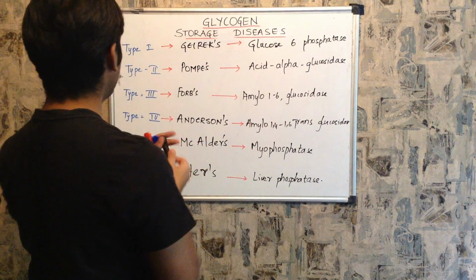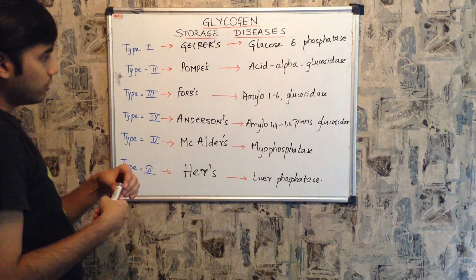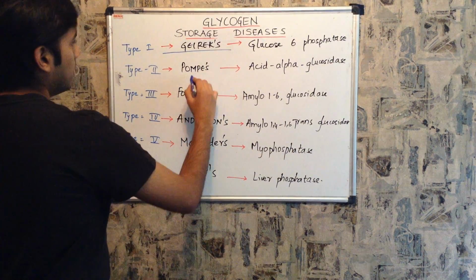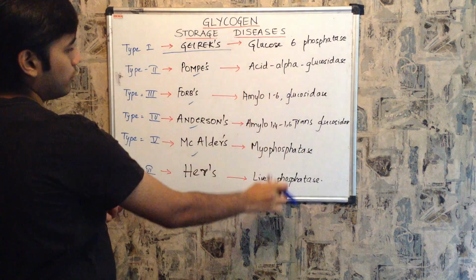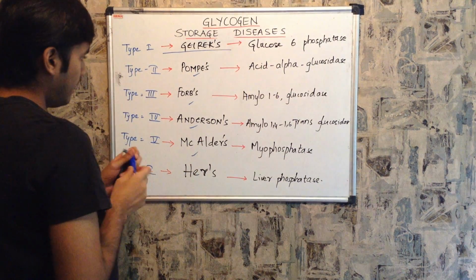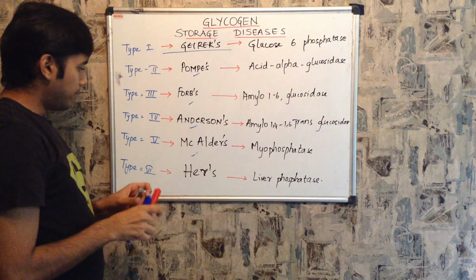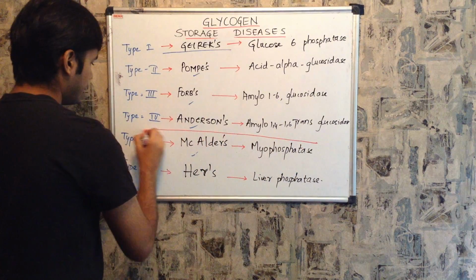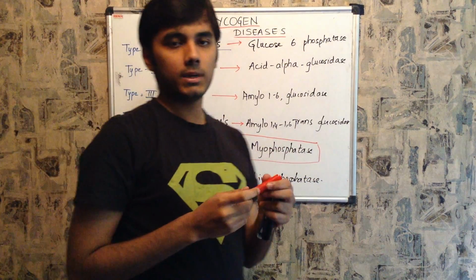So these are the enzyme deficiencies which you need to remember. And mainly, as I told you, Gierke's disease is most important, for which you need to remember the entire concept. But for these other diseases, you just need to remember their respective types and respective enzyme deficiencies. And one important thing I need to discuss regarding type 5 disease, or McArdle's disease: muscle cells contain glycogen, as I told you.